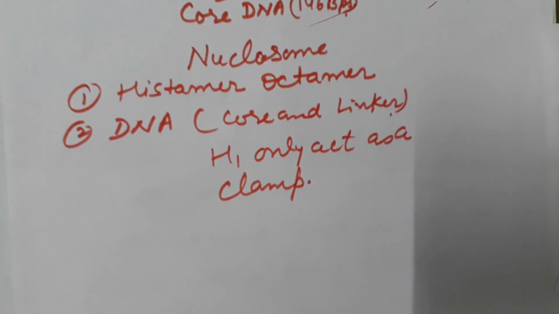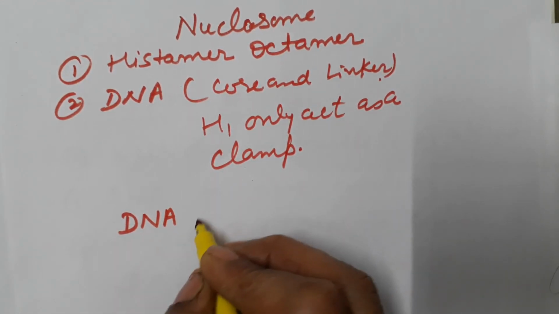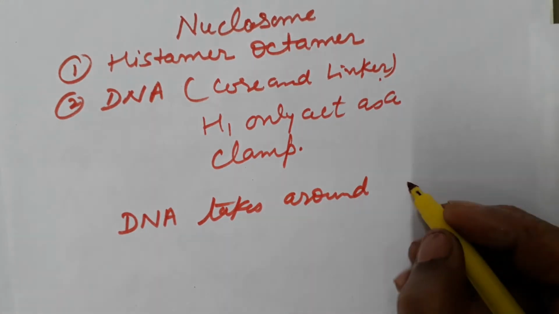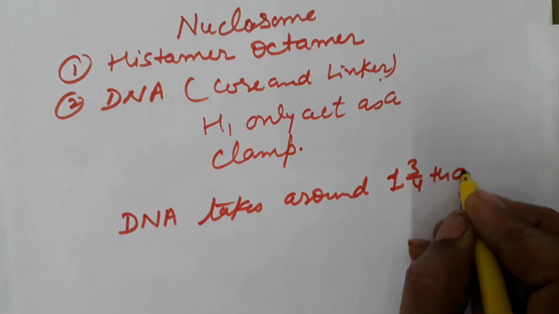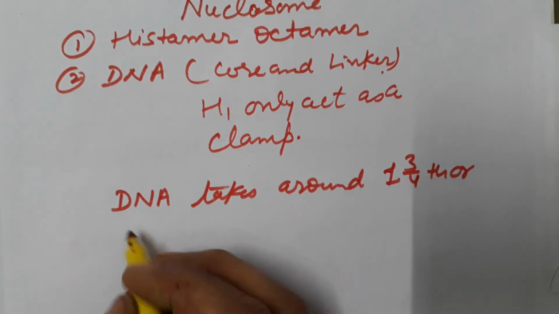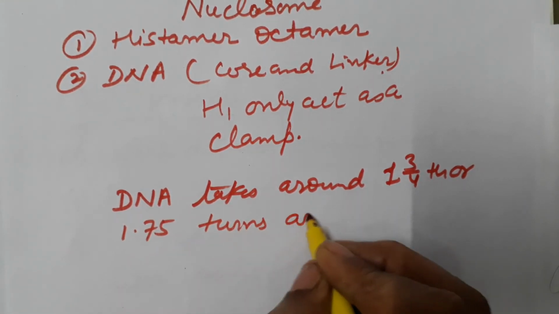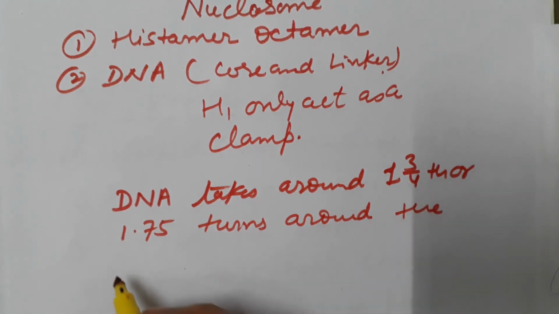One more thing: DNA takes around 1 3/4, or 1.75, turns around the histone octamer.